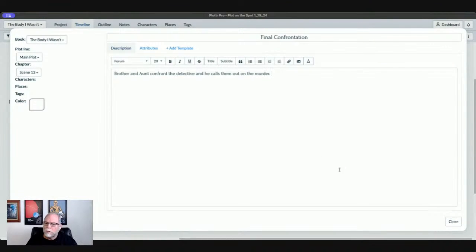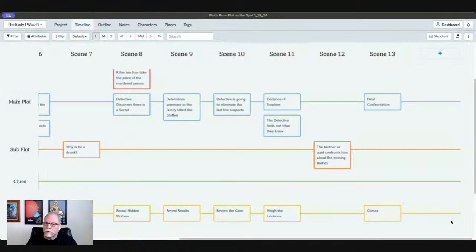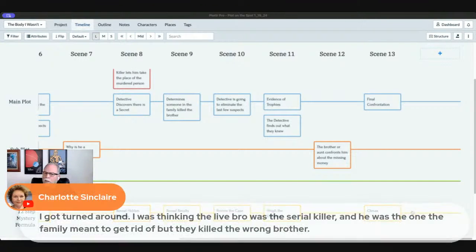Now, depending on the type of mystery, this could be a violent or a non-violent confrontation, right? And this would be up to you when you get to the end of your story, right? Do you want this to be a violent thing where the aunt and the son come after him?